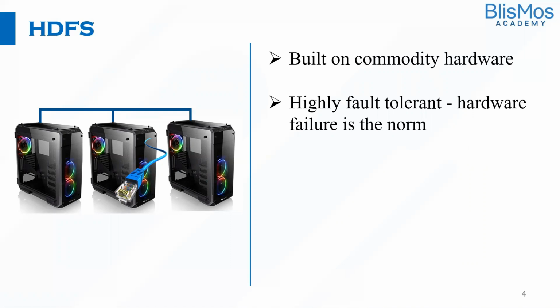As compared to servers, failure is a norm in commodity hardware. Servers are very well maintained, but desktops or laptops are bound to fail, bound to crash, bound to stop working. That is in a way a norm as compared to servers.